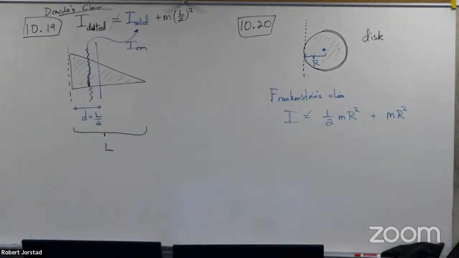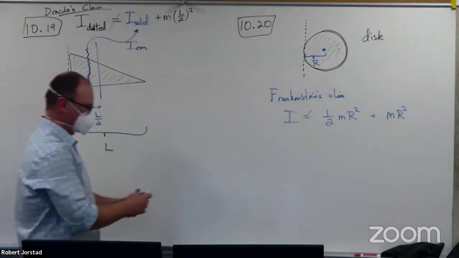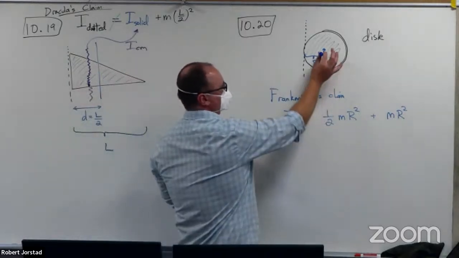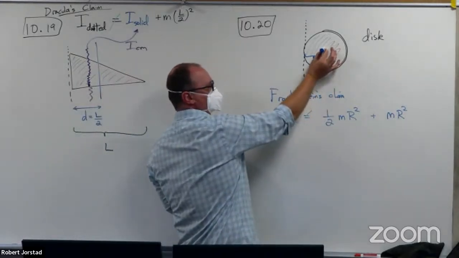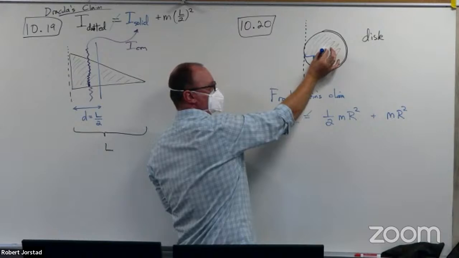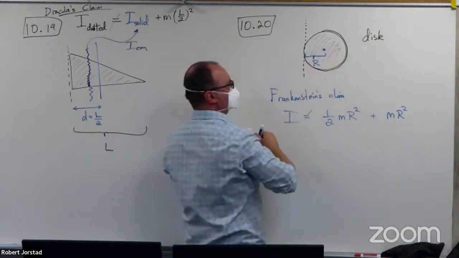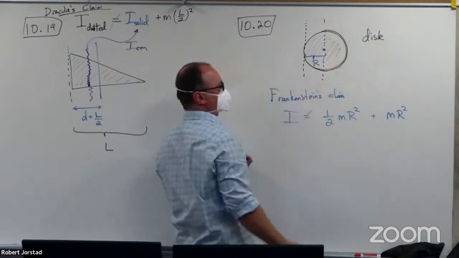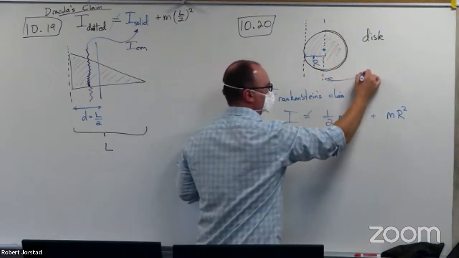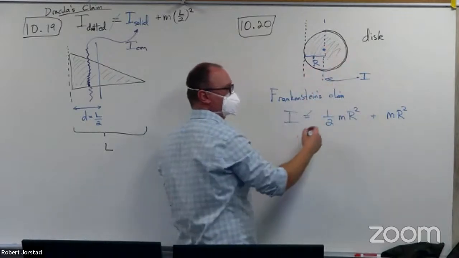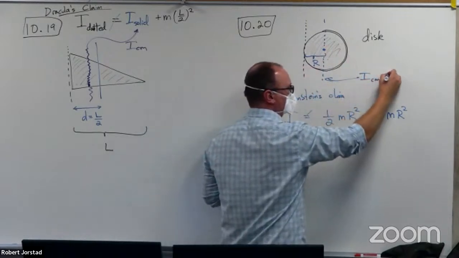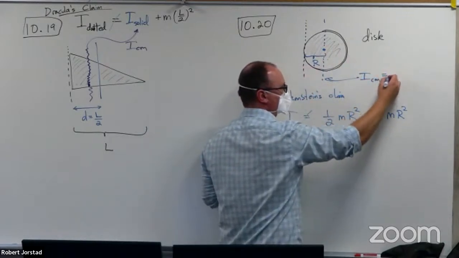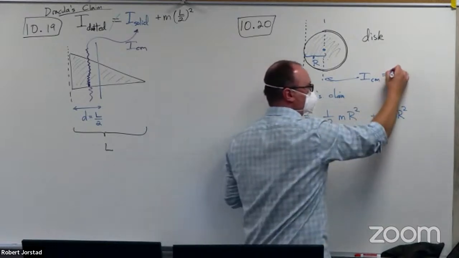What about it? The axis. The axis of rotation is this way. For 1/2, what's the result for this axis of rotation? This is a disk. 1/4.